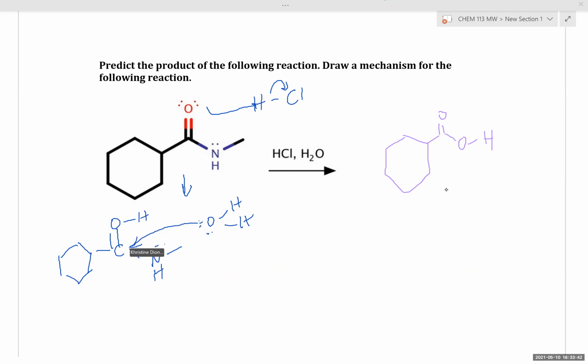From here, even weak nucleophiles, such as water, can attack the carbonyl carbon. That in turn gives a tetrahedral intermediate. And in order to get our desired carboxylic acid product, we're going to have to engage in a series of proton transfers.